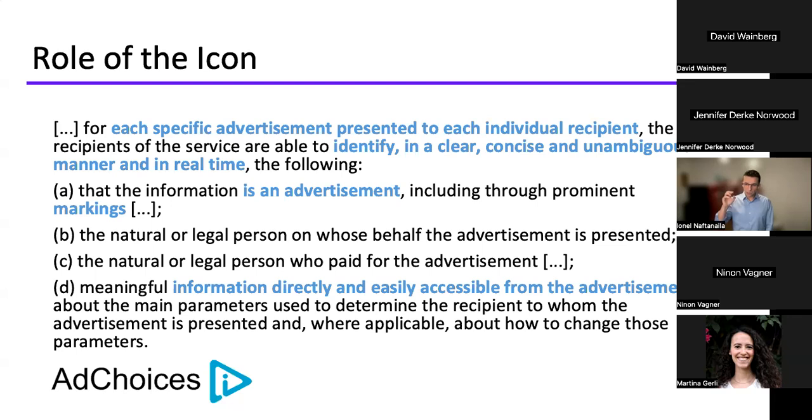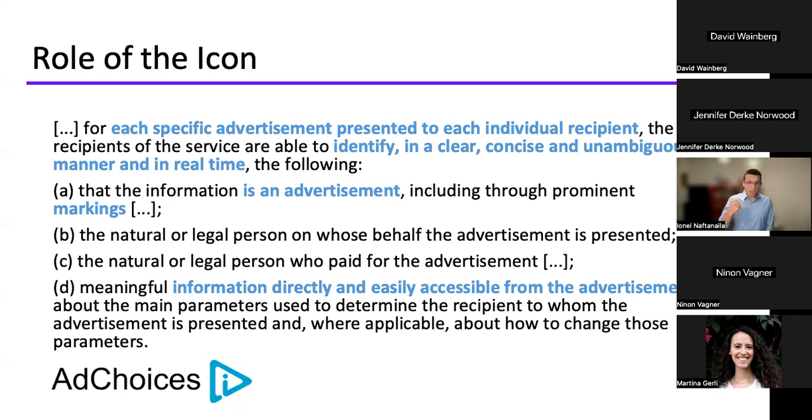So for us, knowing that Ad Choices is such a prominent symbol, and it could be used to be the entry point towards the transparency information and to facilitate compliance with Article 26 of the DSA.